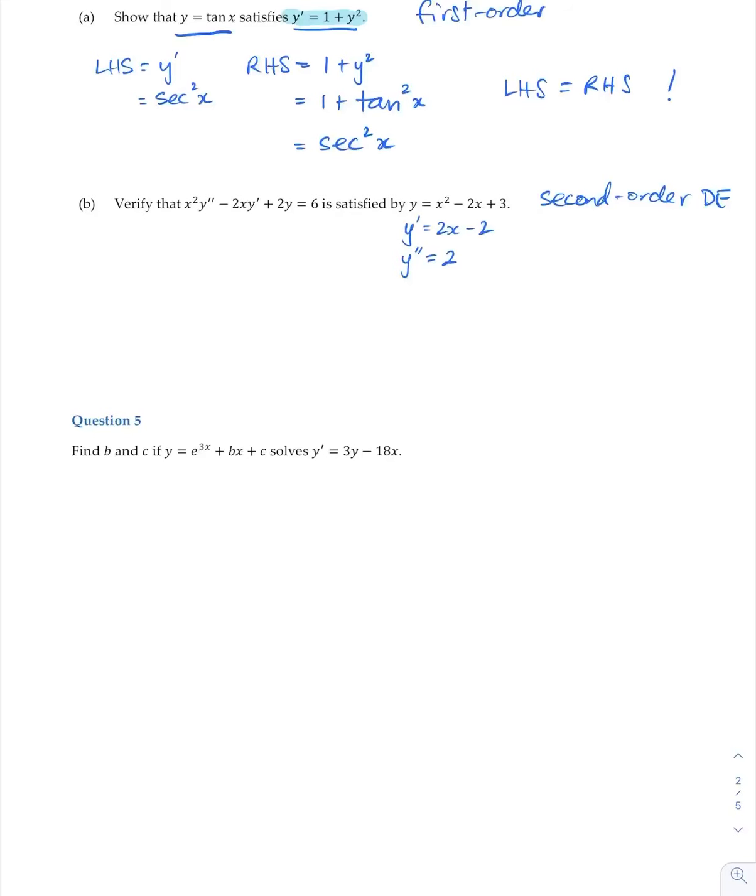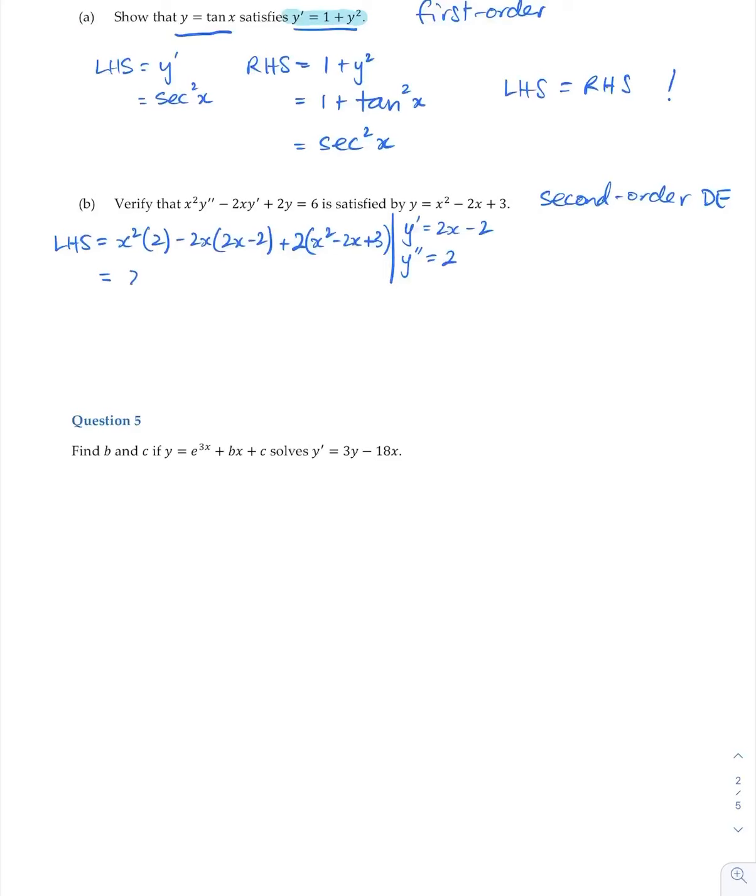Because this is an existing skill, you should pause the video and attempt this before I do. All right, so the left-hand side of what we're verifying is x squared times y double dash, which is 2, minus 2x times y dash, 2x minus 2, plus 2y, 2 lots of x squared minus 2x plus 3.